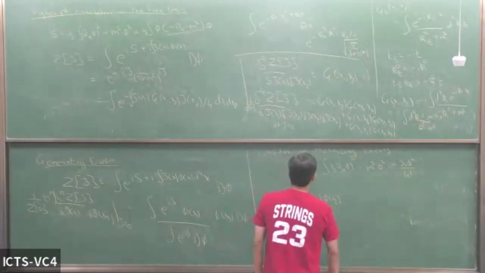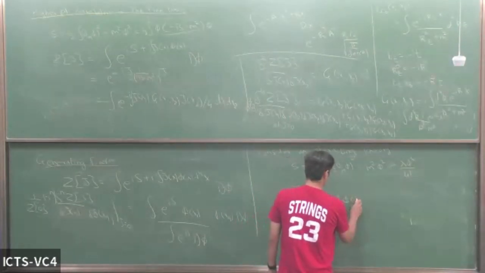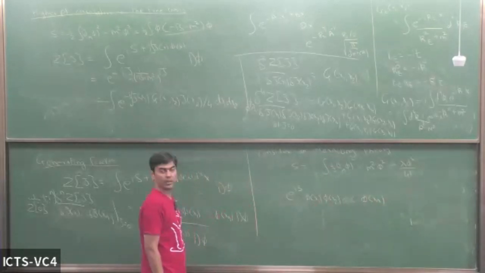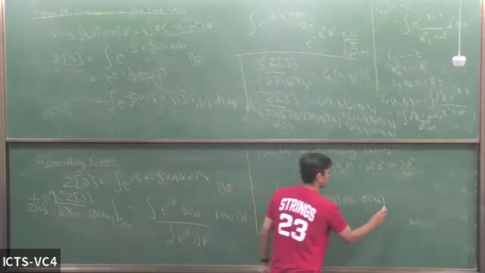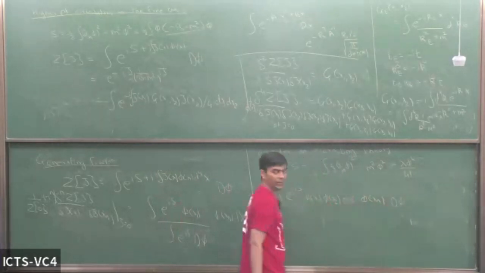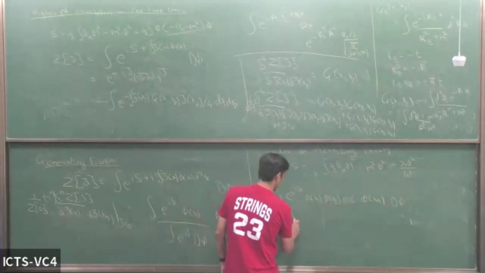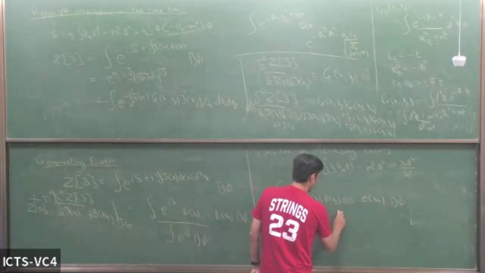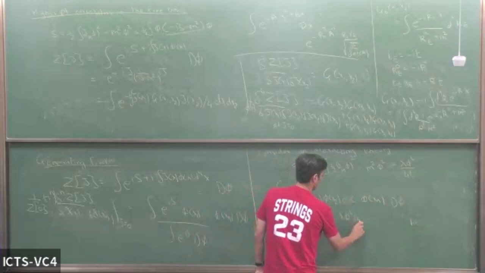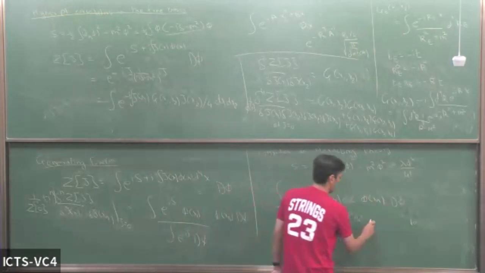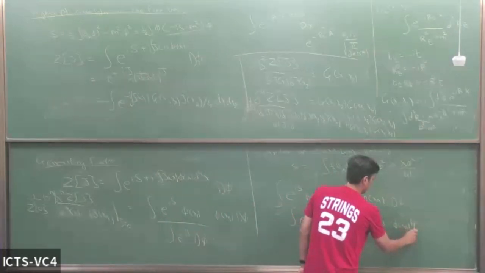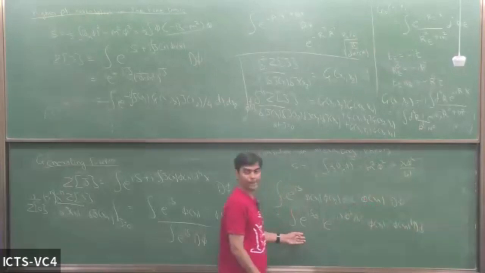Okay. If you now ask for some correlation function here, what does this correlation function look like? This correlation function looks like the correlator of e to the i S naught times e to the minus i lambda phi to the 4 by 4 factorial times phi of x1 to phi of xn, integrated over d phi, right?